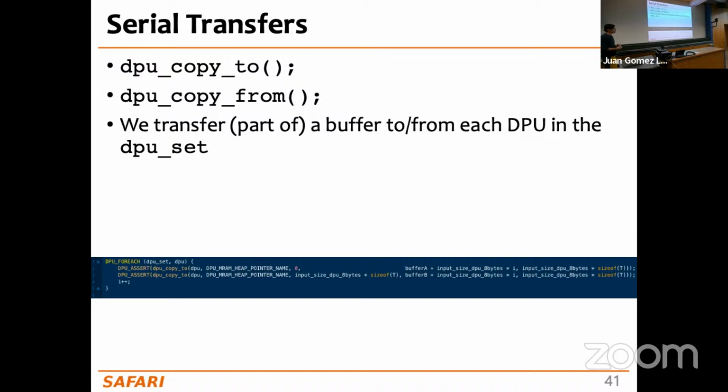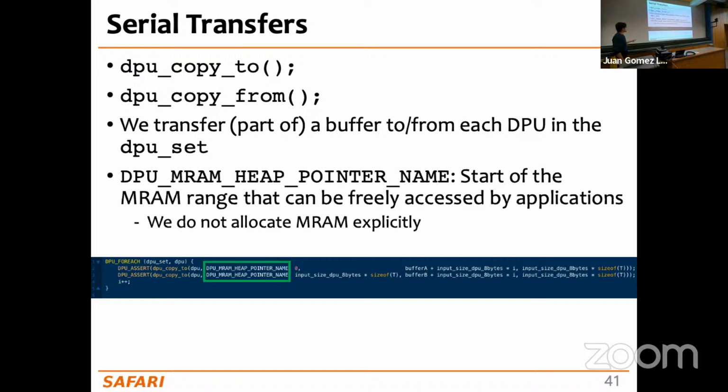Okay? So first of all, we also have to say what address in the MRAM banks we are going to write. And what we typically use for these transfers is this symbolic name, DPU MRAM heap pointer name, that you can see just as a pointer, an address to the start of the MRAM range that can be freely accessed by applications.